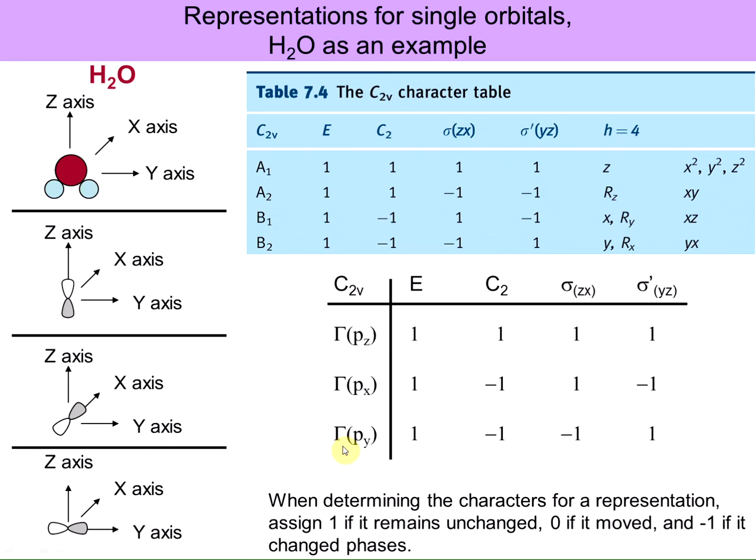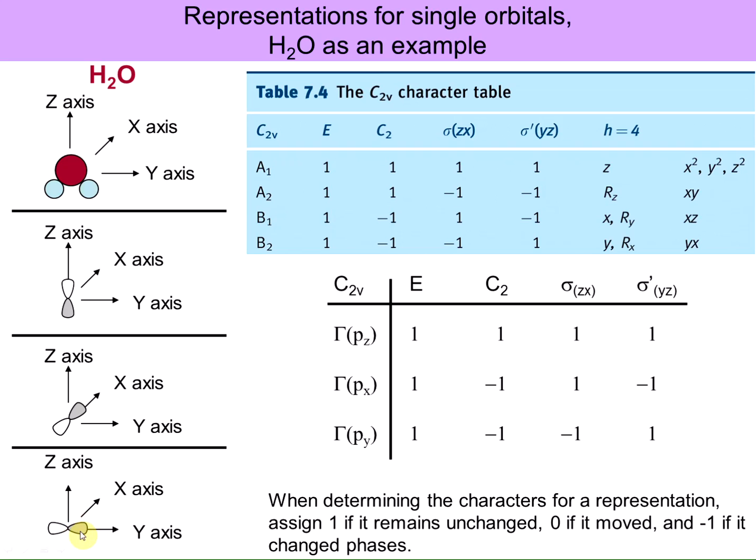And then the py, if I do the identity operation, it stays the same, so it gets a 1. If I do a C2, this flips sides, so the dark goes to the light, light goes to the dark, so it gets a -1. If I do a mirror plane, if I reflect in the XZ plane, these phases change, they swap places, so they get a -1.